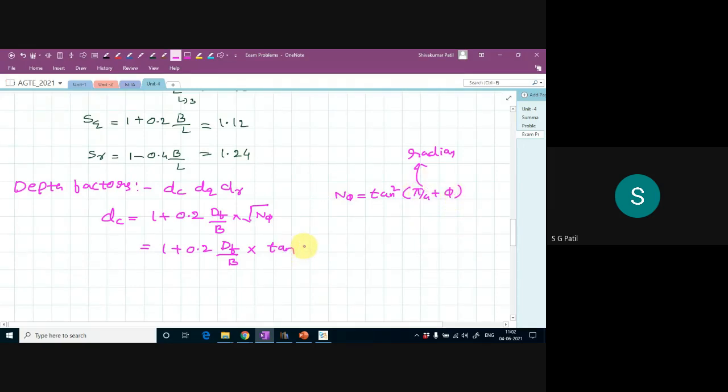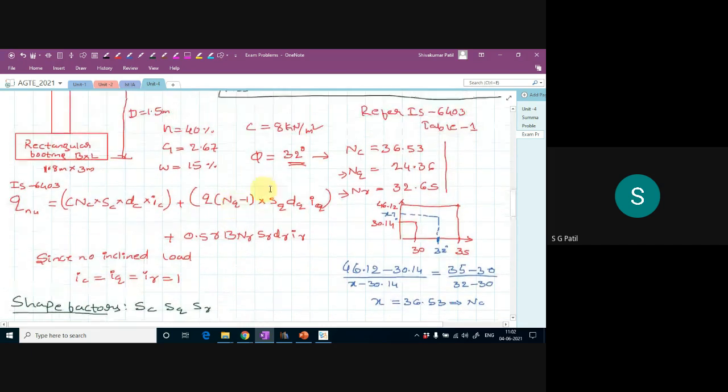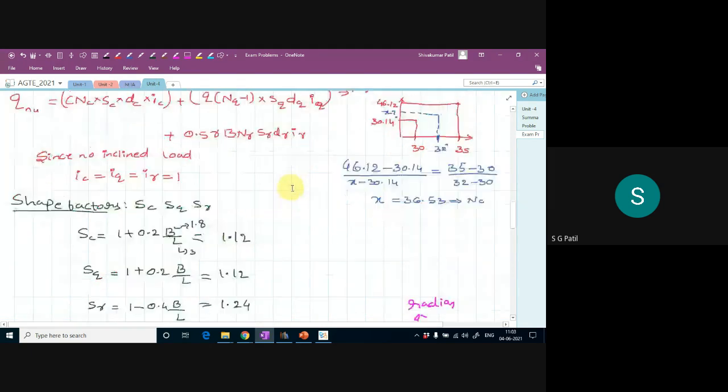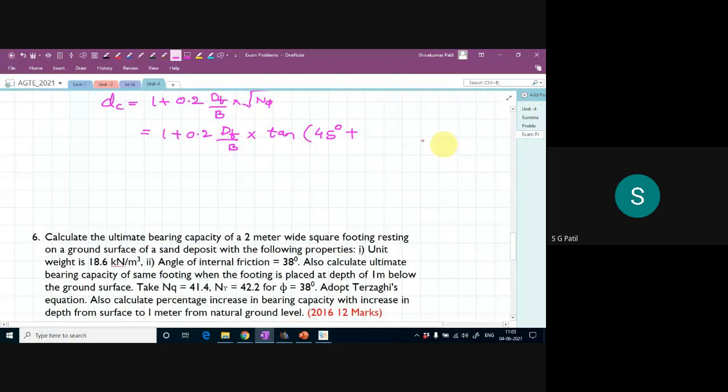Tan of pi by 4, if you convert this radian into degree, it will be 45 degree plus phi value. What is the phi value they given? 32 degree they given, no? Phi is 32 degree. Put here 32. How much you are getting DC value? Tell me.